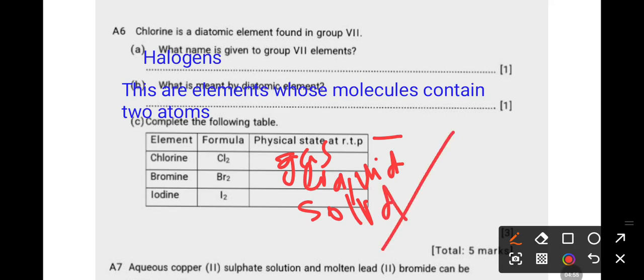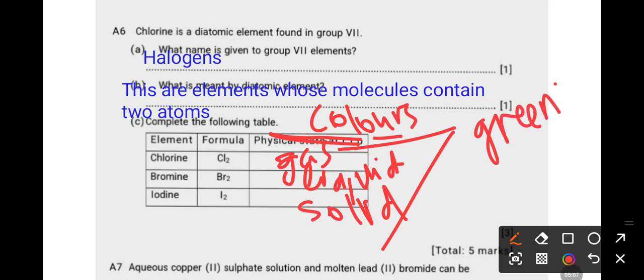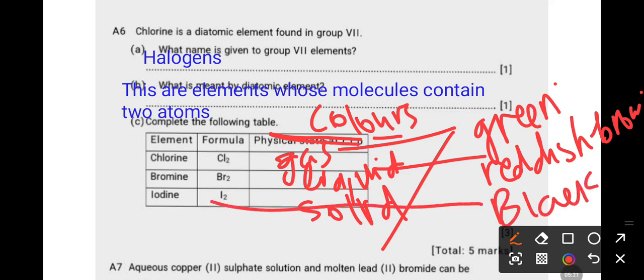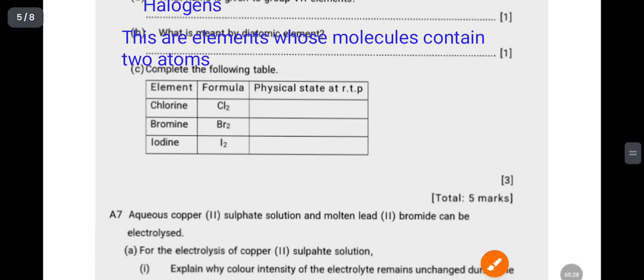Now, if the question said colors, colors at RTP would be that chlorine gas is green in color, bromine is reddish brown, and iodine is black. So if the question says colors, those would be the best answers. Alright, question 7.